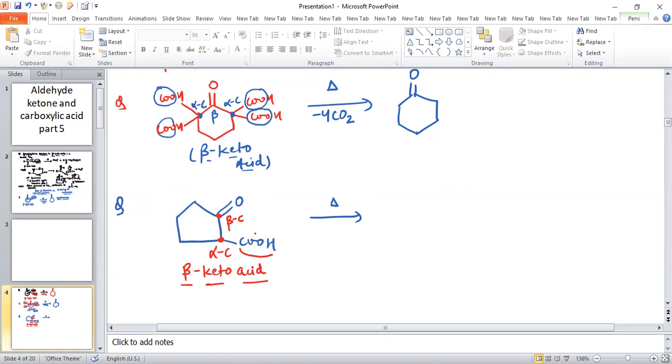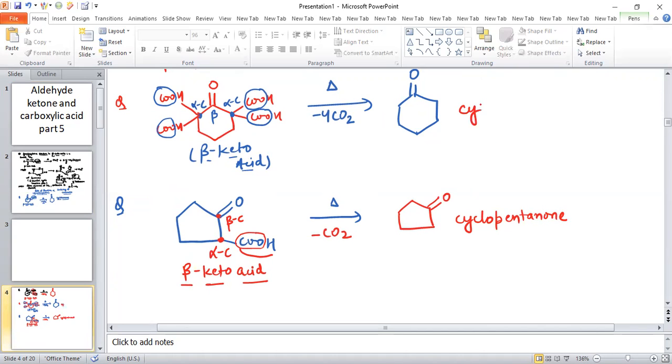When you heat this compound, CO2 gas will be released because this is also a beta keto acid. So CO2 gas is released and the compound obtained is basically this one, cyclopentanone.